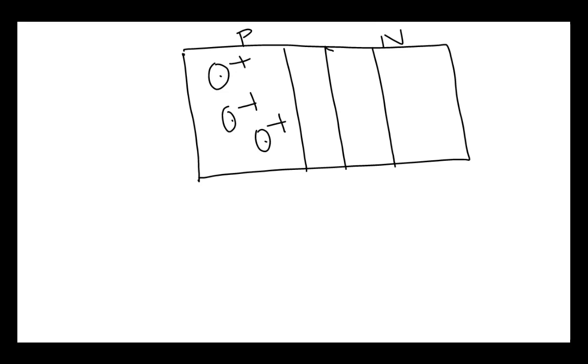This is the P side, this is the N side, and this is our barrier potential. So these are all positive charges, these are all negative charges, and these are ions.